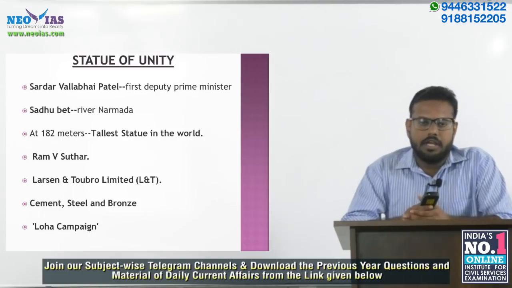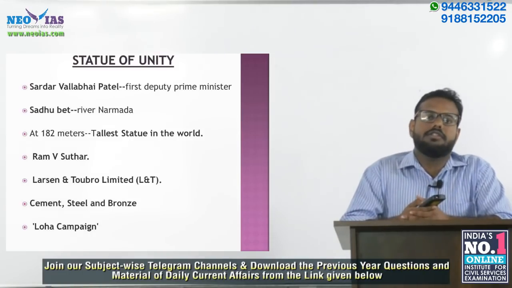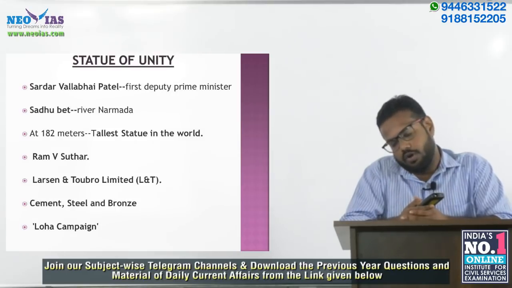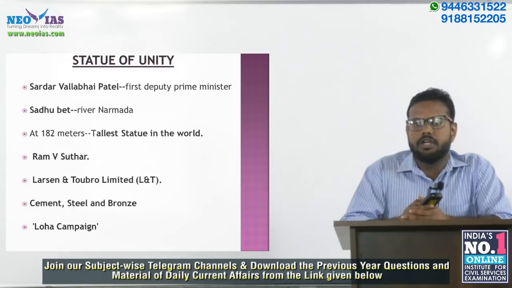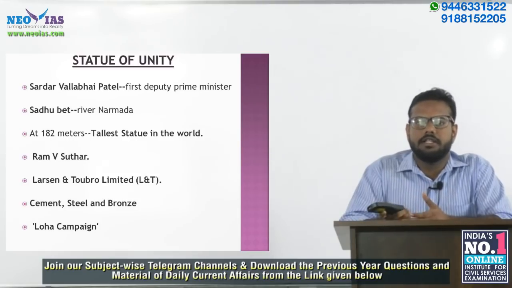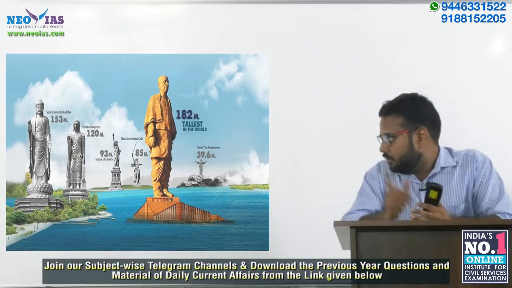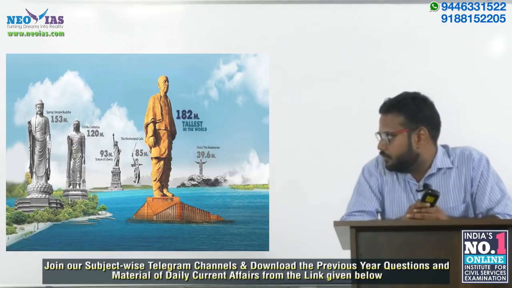And along with this, we need to learn which are the tallest statues all over the world. And I already told you the Statue of Unity is the tallest one and the second highest is the Spring Temple of Buddha. You can see it is on the rightmost side.